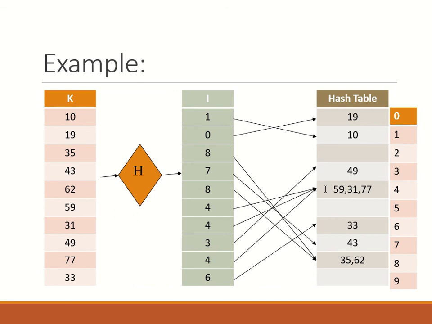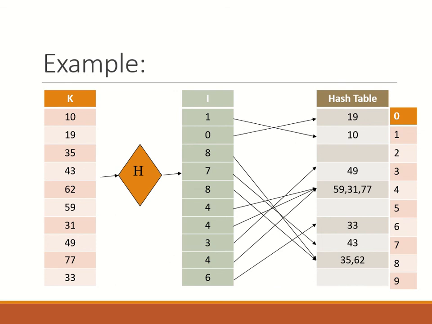You have to perform collision resolution strategies, which we will learn later, and then you see that it is resolved. This is an example of this hash function. These are the indices; you understand which are the indices, then you store accordingly.